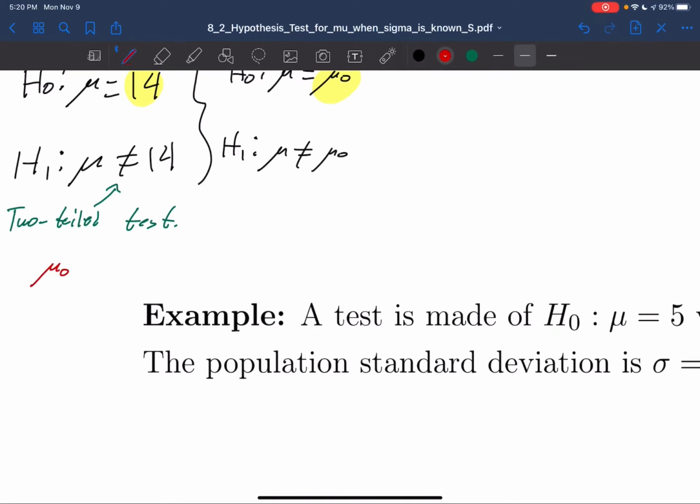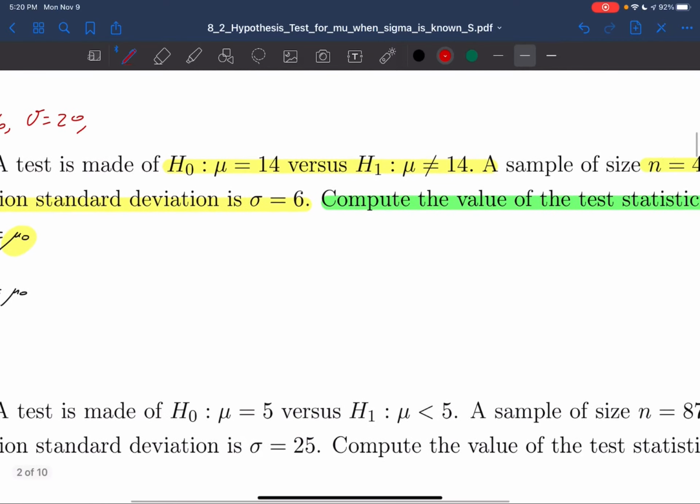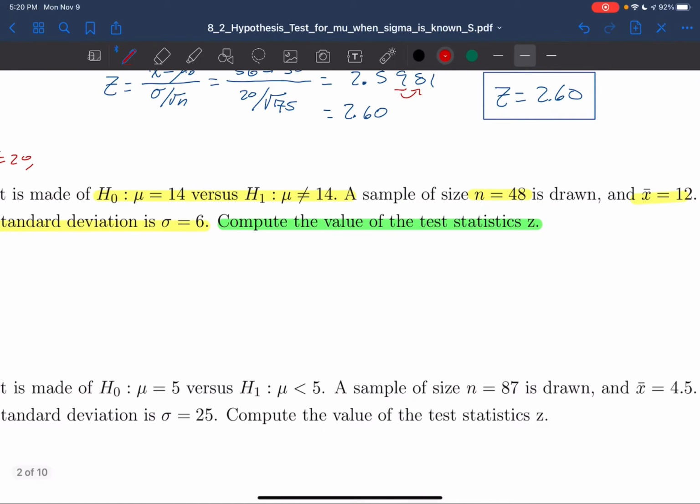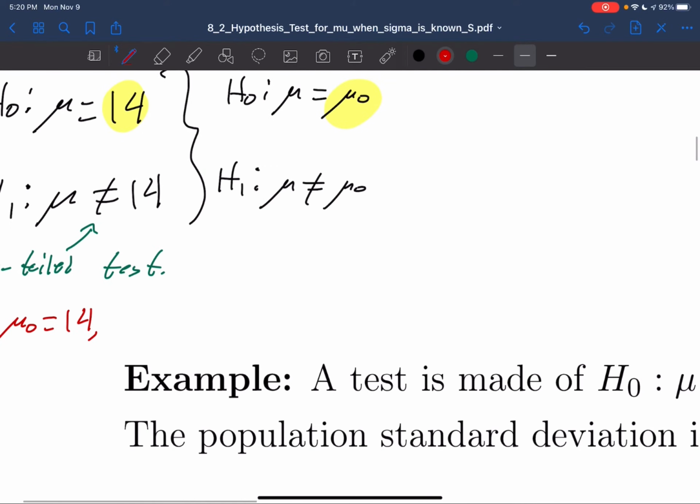And we know that our sample size is 48. And our x bar, or our sample mean, is 12, and our population standard deviation is 6.